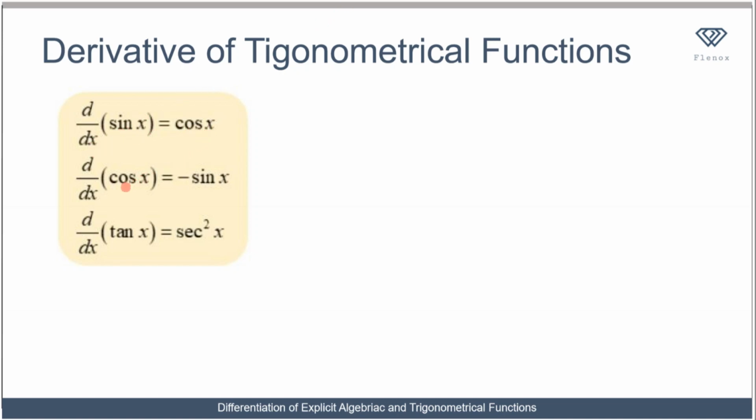When you differentiate cos x with respect to x, you get minus sine x. And when you differentiate tan x with respect to x, you get sec squared x. And if you remember from our trigonometric ratios, sec x is the same thing as 1 over cos x. So try to keep this at the back of your mind and you should try to memorize this.